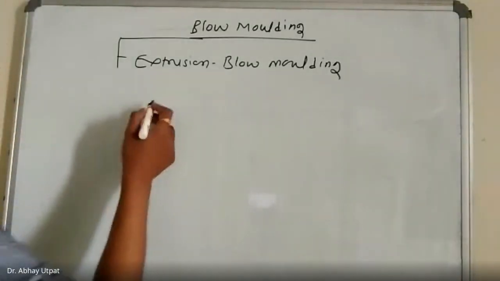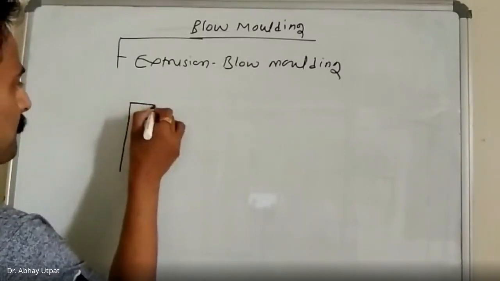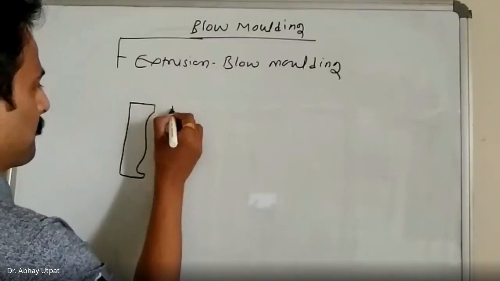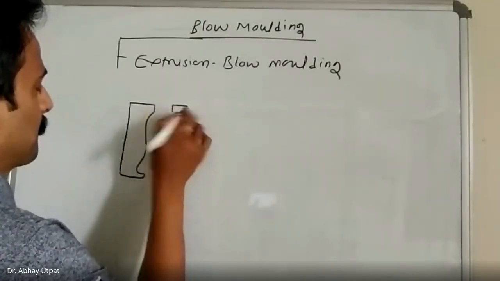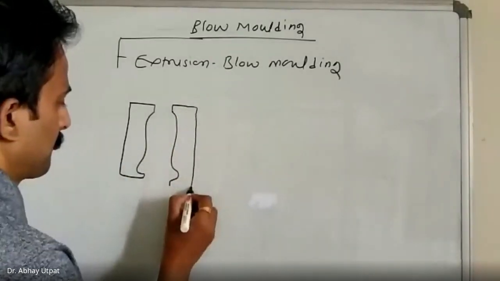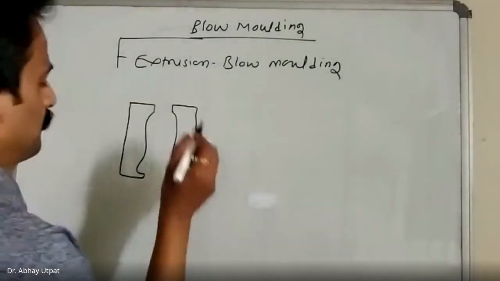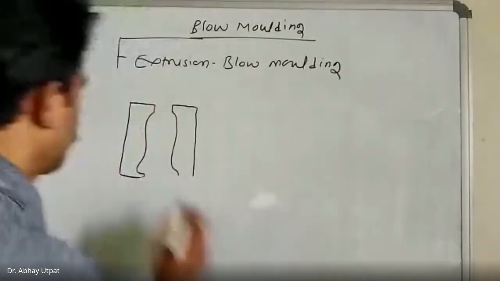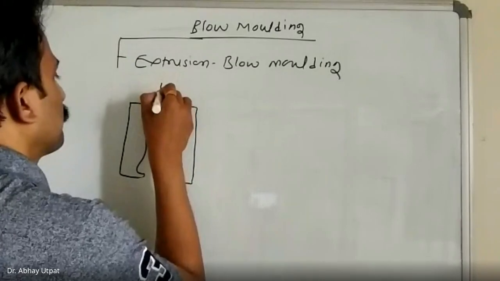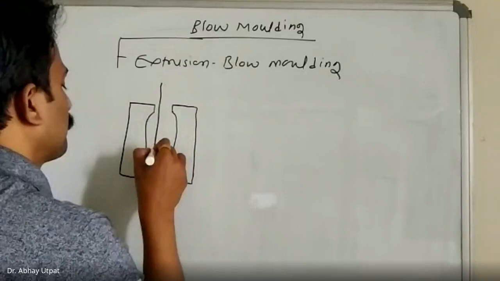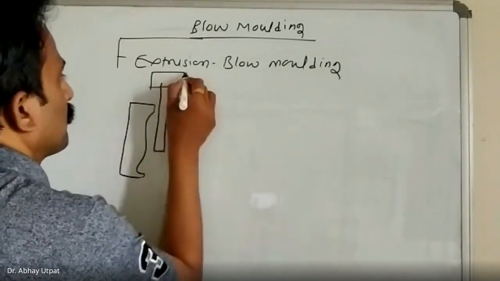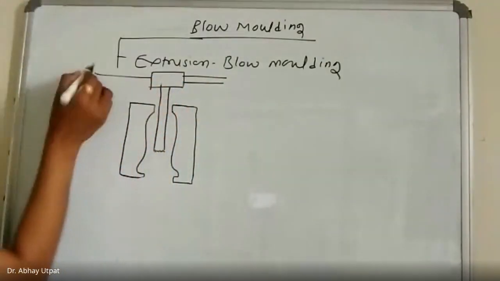The schematic representation I am drawing. So this is one die. This is extruder.